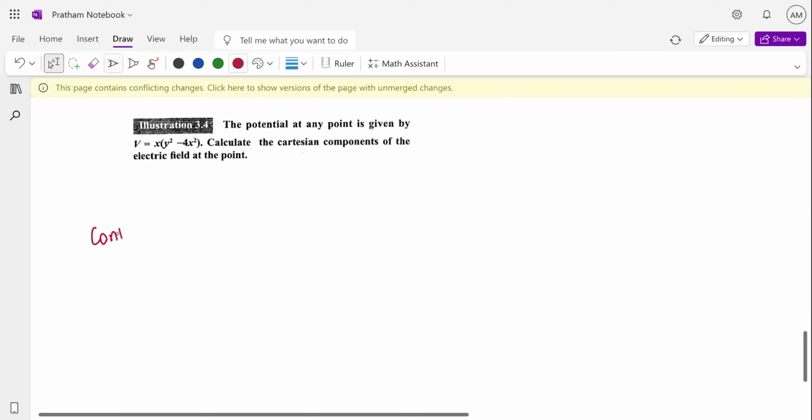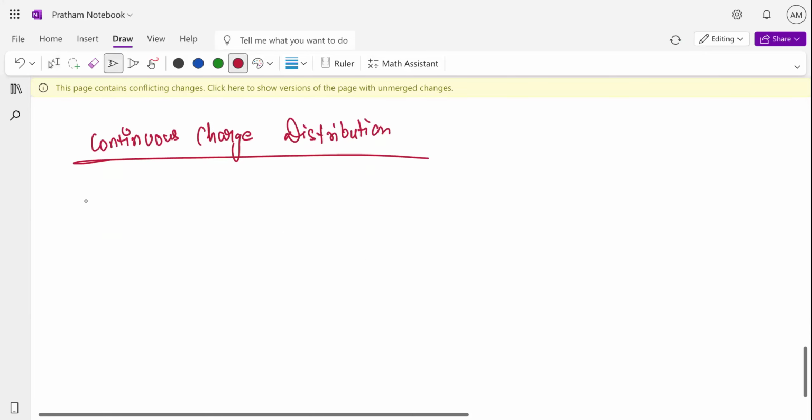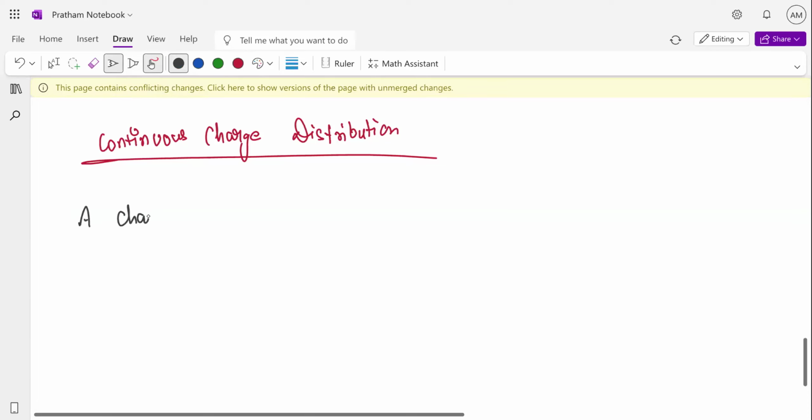The first thing we are going to study is a charged conducting sphere.